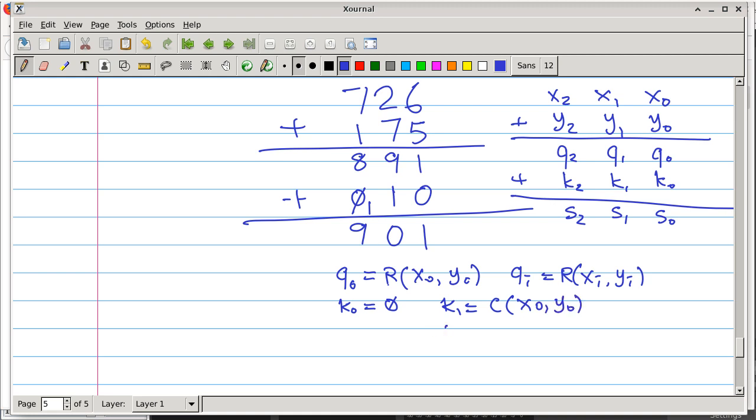But when you look at K2, it's not that simple anymore. Because when you look at K2, sure, it can come from x1 plus y1, but it can also be coming from, let's see, q1 plus k1. Is that making any sense?